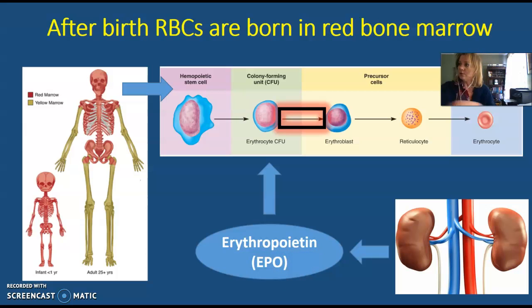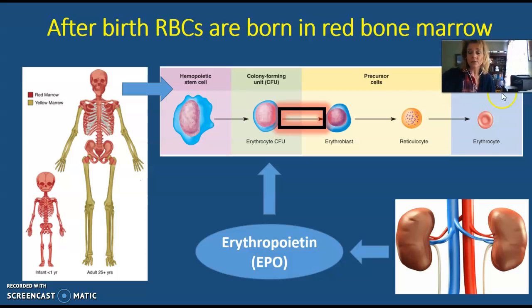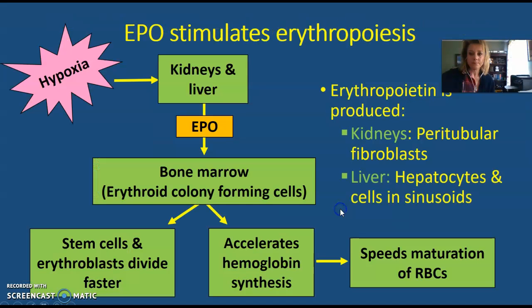And it's going to respond largely to oxygen levels. So as oxygen levels fall, that's sensed here in the kidneys. The kidneys are going to respond by secreting more erythropoietin, and that's going to stimulate the production not only of more red blood cells, but also of more hemoglobin, so that we can pick up as much oxygen as possible that we breathe, that we inhale, and then transport that around to our tissues.